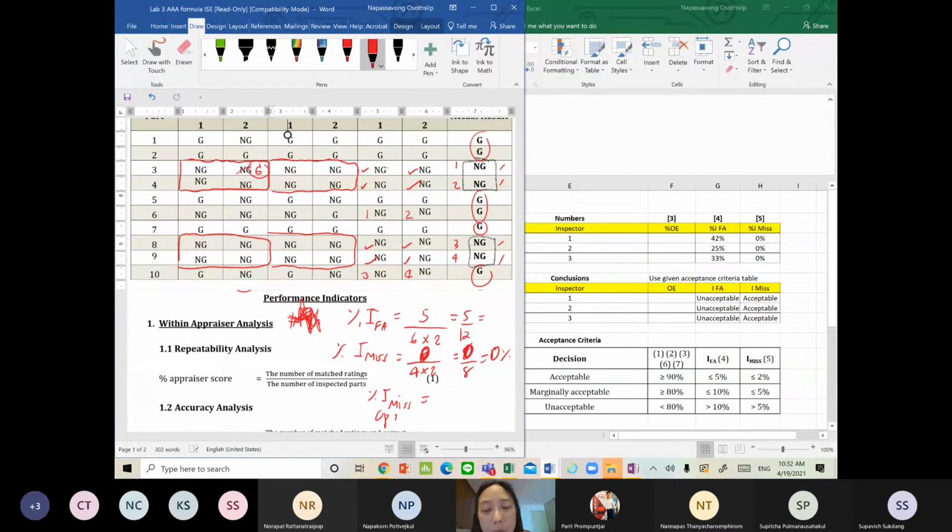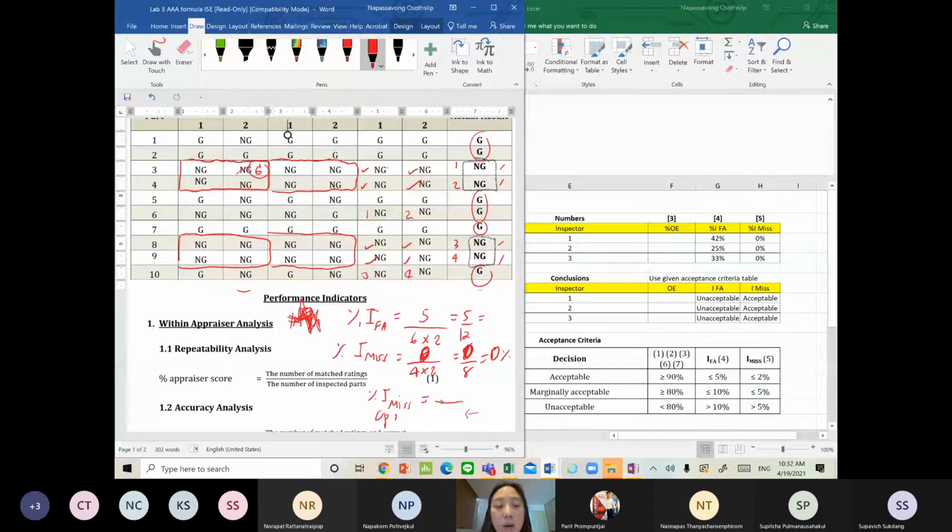So the lower part will be 8, which is 4 parts times 2, right?